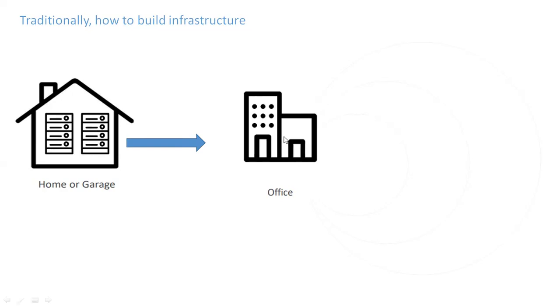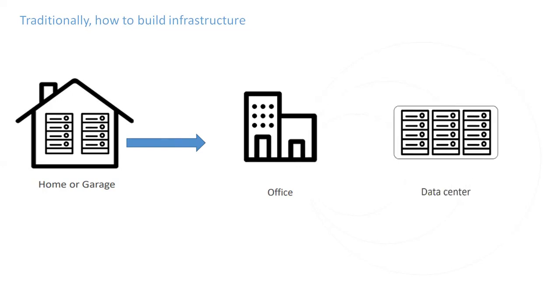You need to spend a lot of money on the office, purchase servers and networking, and set it up. As your business grows more, you require a data center where you can manage lots of server clusters.